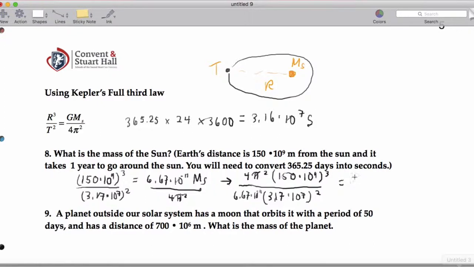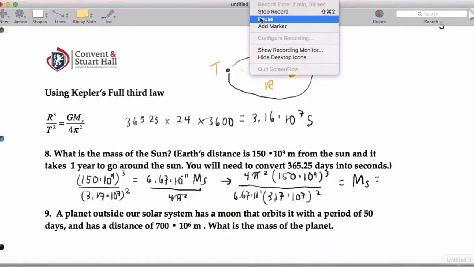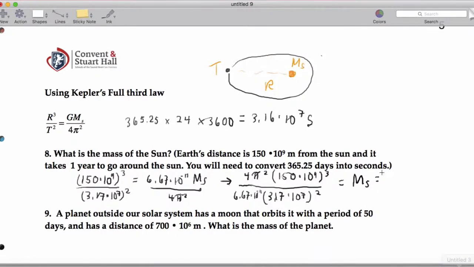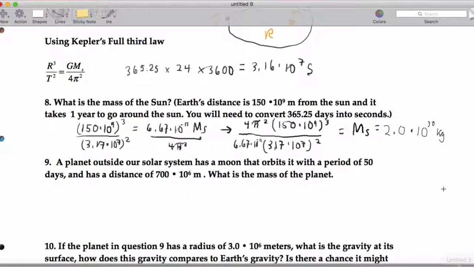And then we'll isolate the mass of the sun here. When we actually work that out, we're going to end up getting 2.0 times 10 to the 30th kilograms. For anybody who's interested, that means we're a little under a million times the mass of the Earth.